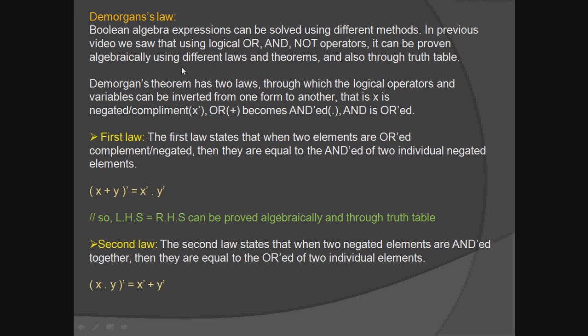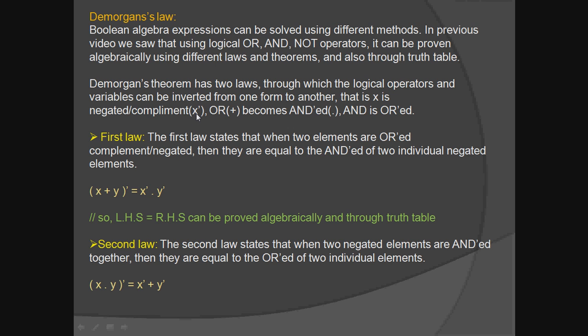So we have seen that the laws and theorems were proven algebraically, using the variables and the logical operators, and then also through the truth table. So now De Morgan's theorem has two laws, through which the logical operators and variables can be inverted from one form to another. That is, x will be converted to x complement, or the negated version of x.